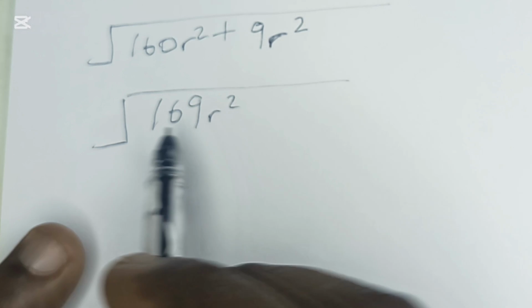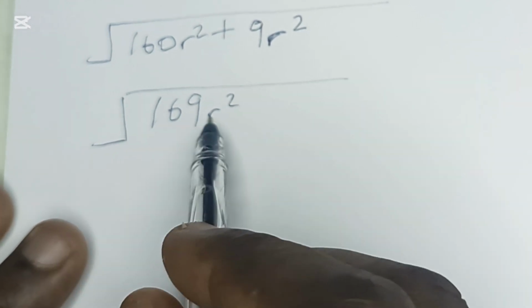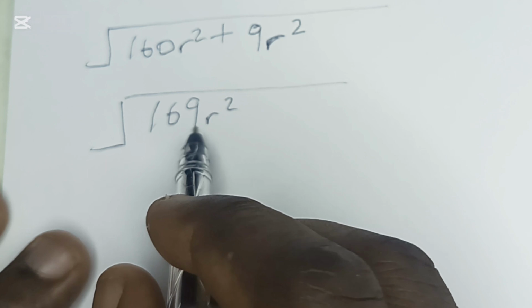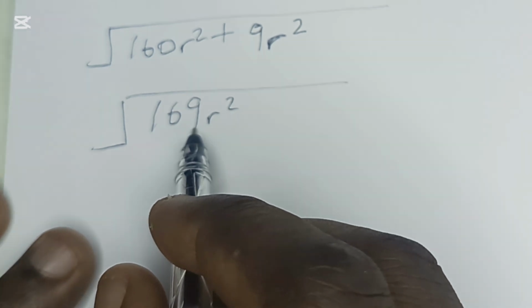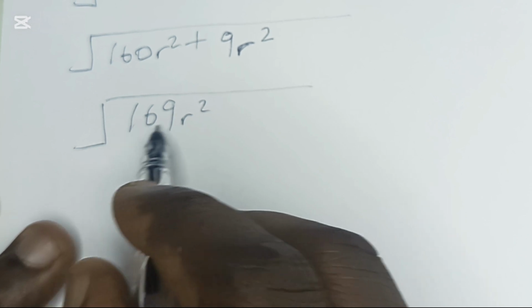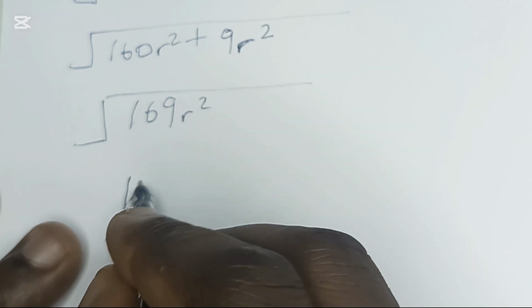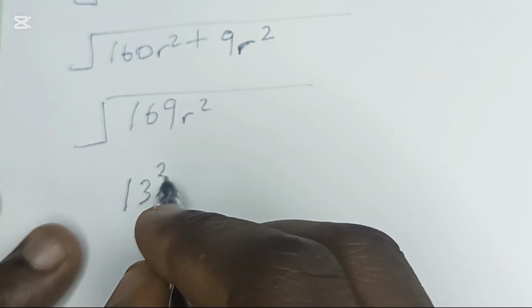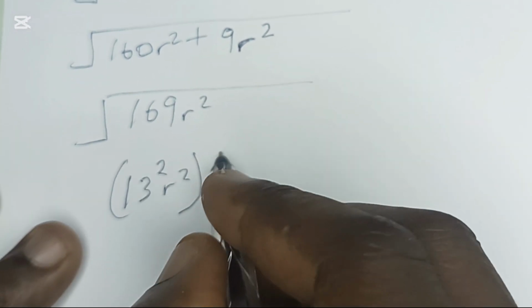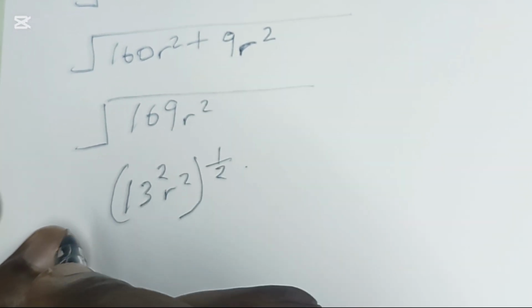Now, as usual, what we have to do here is to find the square root of 169. This can be written as 13 raised to the power of 2. So 13 raised to the power of 2, r raised to the power of 2, all raised to the power of half.